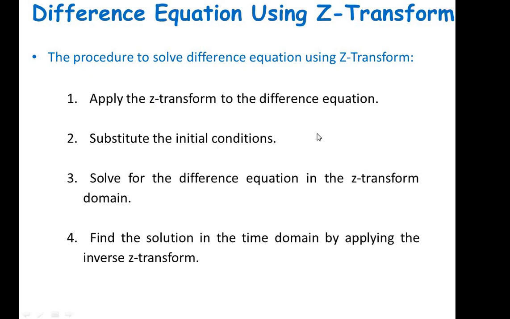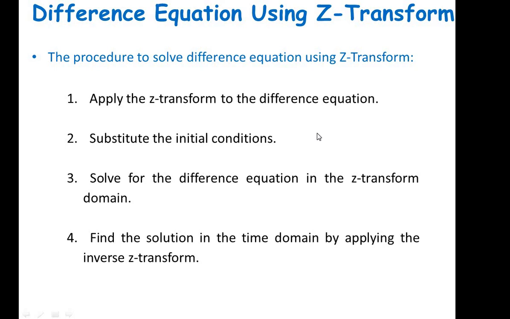The very first thing is we have to apply Z transform to the given question. The given question will be in discrete time, that is, a difference equation. After that, if there are any initial conditions, we substitute those values. If no such initial conditions are available in a problem, then we can take all the initial conditions as 0.